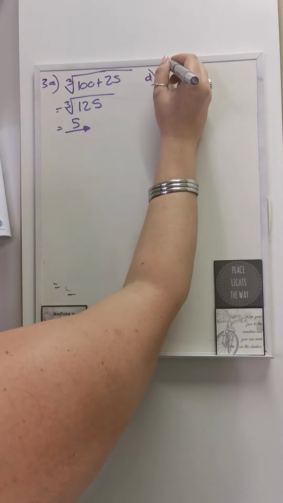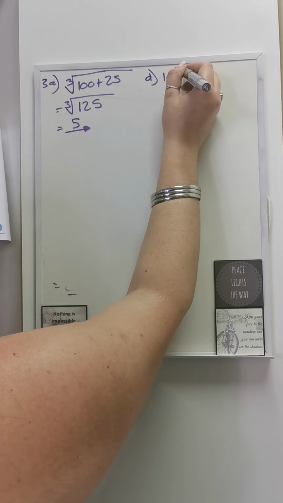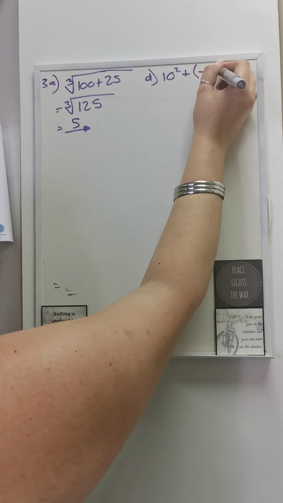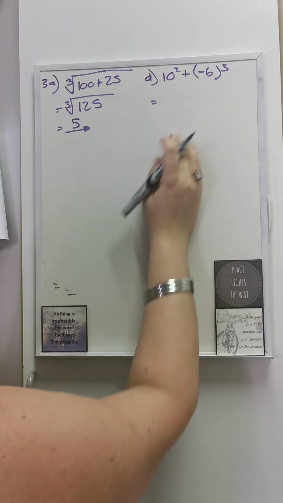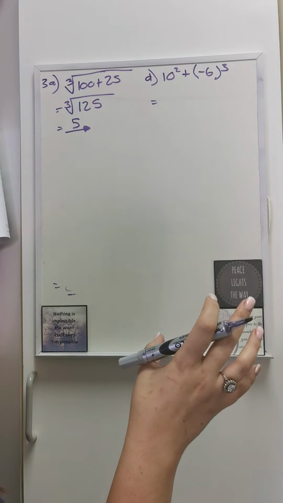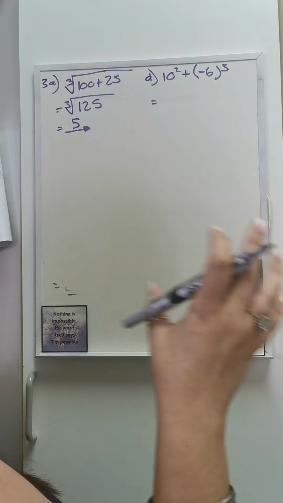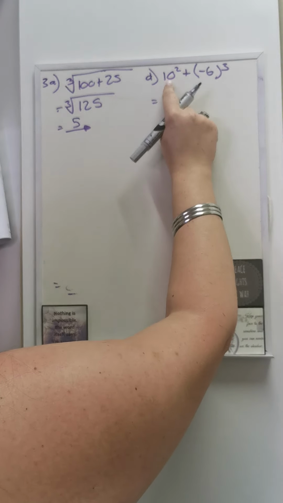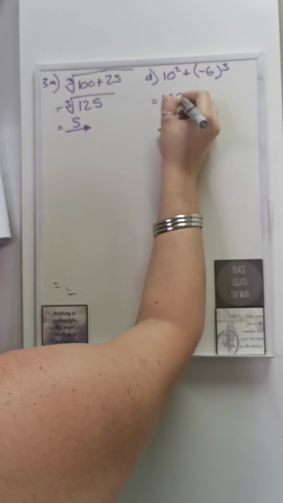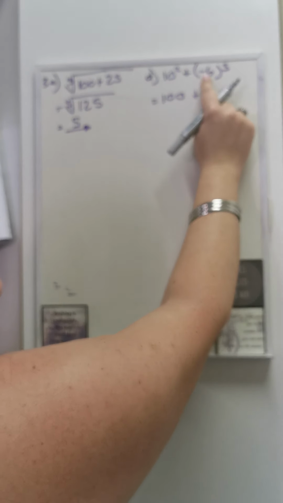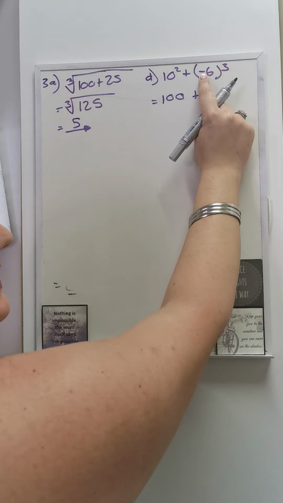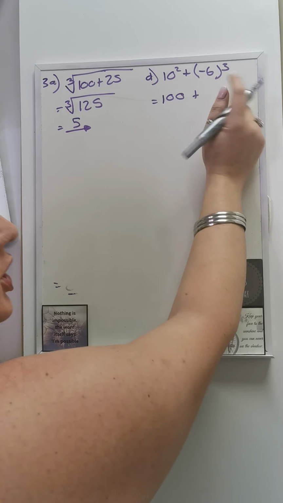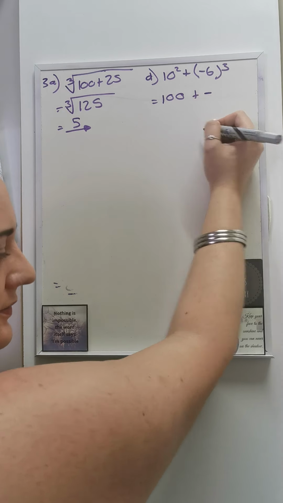Then number D, 10 squared plus negative 6 to the power of 3. So we're first going to do our roots, our squares and our cubes. So 10 to the power of 2 is 100 plus negative 6 to the power of 3. A negative number to the power of an odd number will give me a negative number.